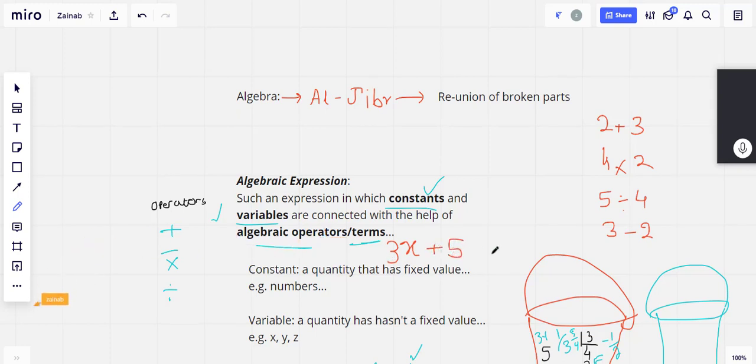Now 3x plus 5 is an algebraic expression, and if you look at this expression, it perfectly fits the definition. X is the variable, 5 is the constant, and they are both connected with the help of this plus sign. And it's an algebraic expression because it involves variables.